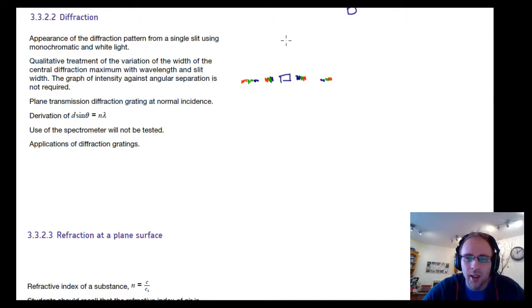So a bit like our jail bars that we had earlier when we were talking about polarization. That is a diffraction grating.